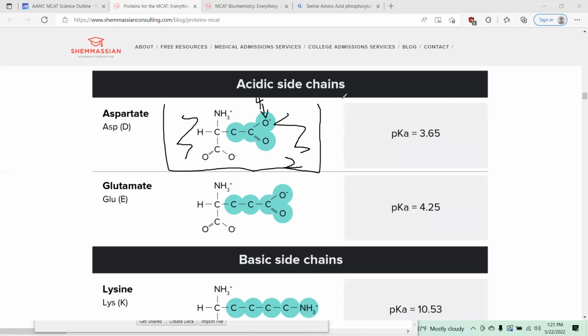If it's 14, it's very basic, and if it's like 2 or 1, it's highly acidic, right? So if this is a highly acidic solution, then this is the bigger number and this gets the H. So at a buffer of 2, this would be protonated and it would be a hydroxyl. Does that make a little more sense?